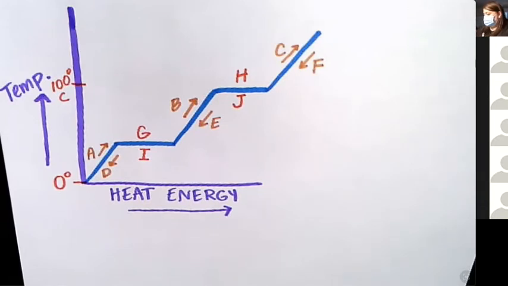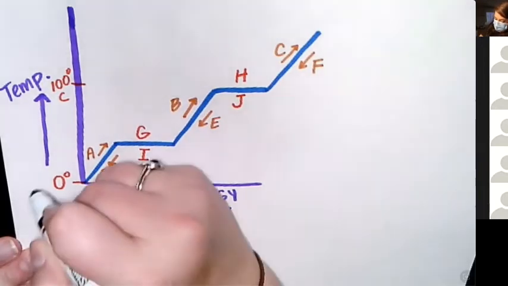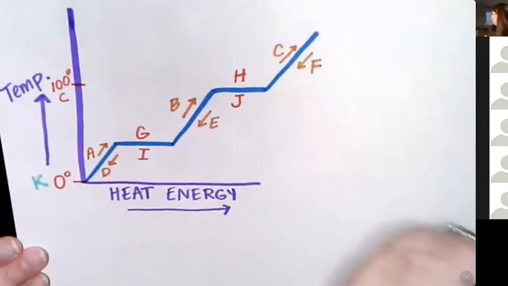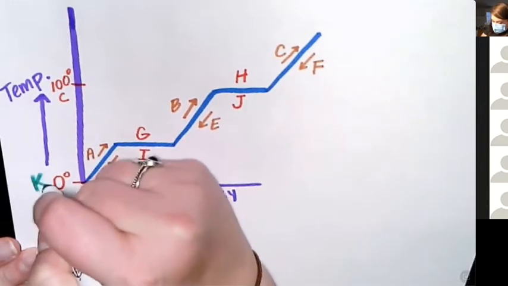And then I'm going to label H, I, J. This one's going to be K. No, that's blue, so sometimes it's kind of hard to see.